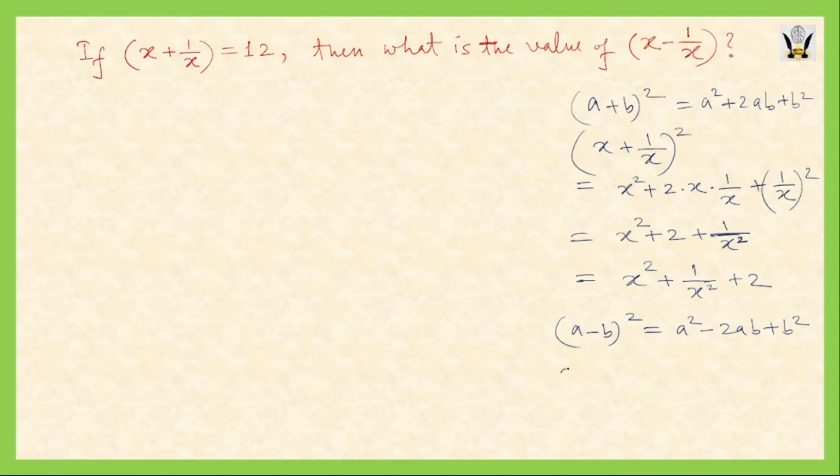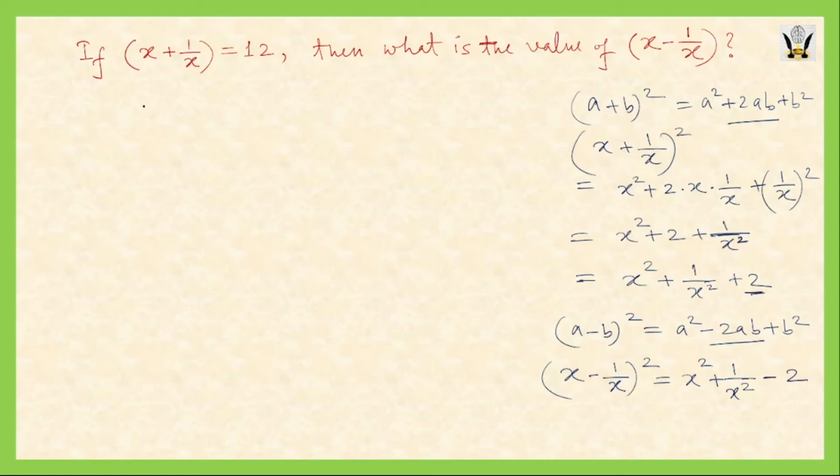So if we go by this identity, it will be x square, and the third term is the same, 1 by x square. The only difference is in the middle term: here it is plus 2ab, there it is minus 2ab. And since the middle term will be only a constant, the constant value we have seen here is plus 2, so here it will be minus 2.